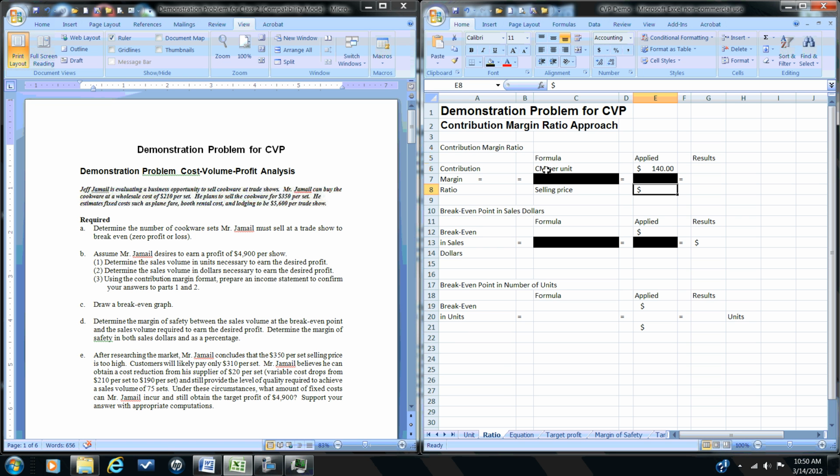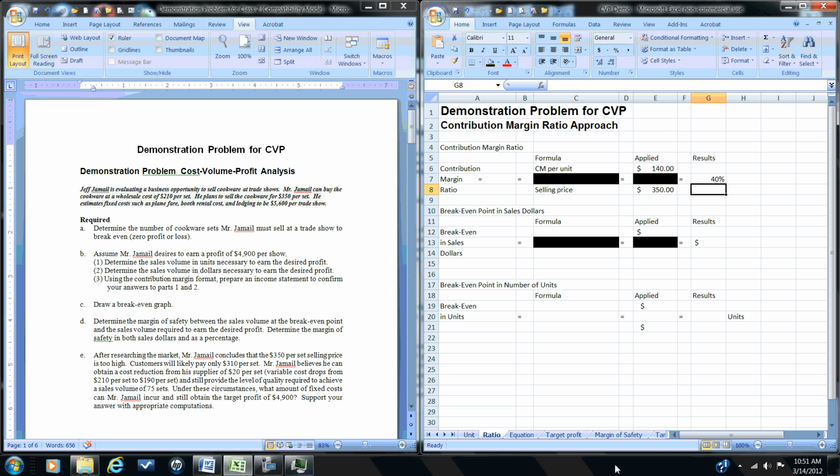Our selling price was $350, so our CM ratio is our contribution margin per unit divided by the selling price, or 40%. The ratio can be expressed as a percentage, or simply 0.4 if you wish.